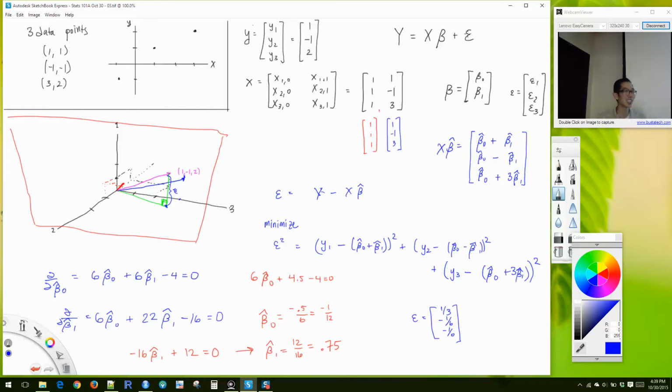I feel like I can't draw any more here, but the least squares thing is you're projecting your data vector into the prediction space that you have, the space where you are able to make predictions in p dimensions.